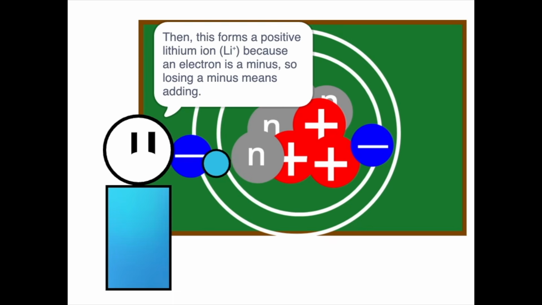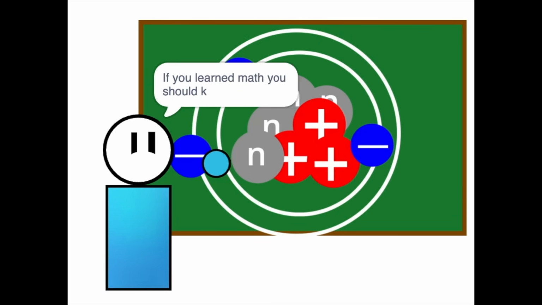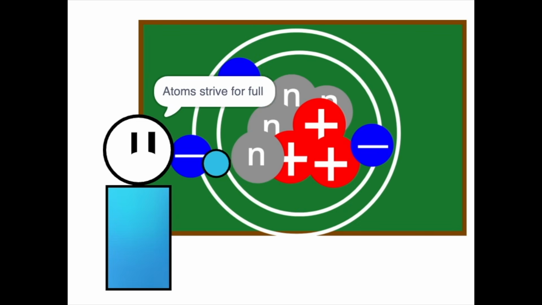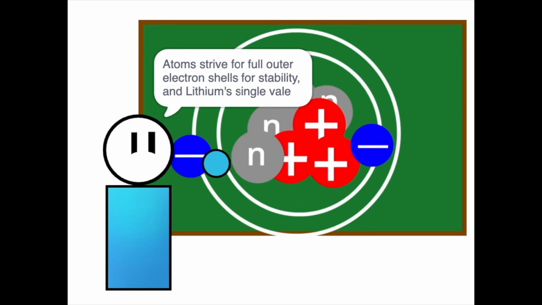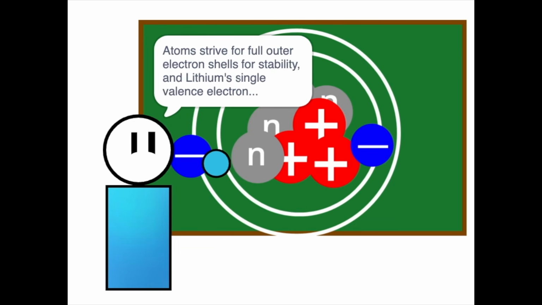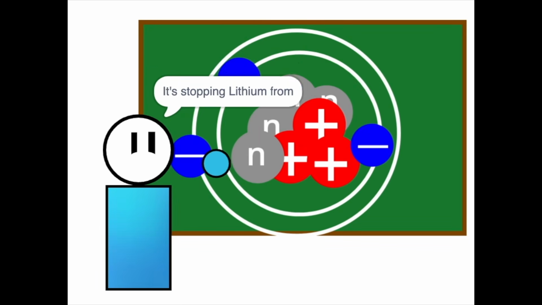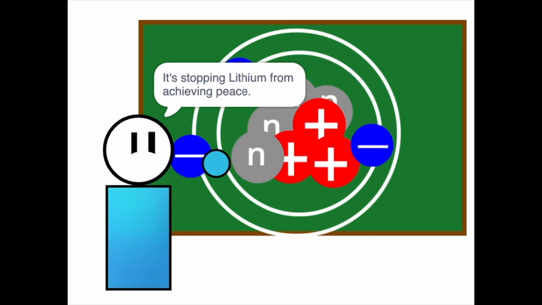Then, this forms a positive lithium ion, Li+, because an electron is a minus, so losing a minus means adding. If you learn math, you should know this. Atoms strive for full outer electron shells for stability, and lithium's single valence electron is stopping lithium from achieving peace.